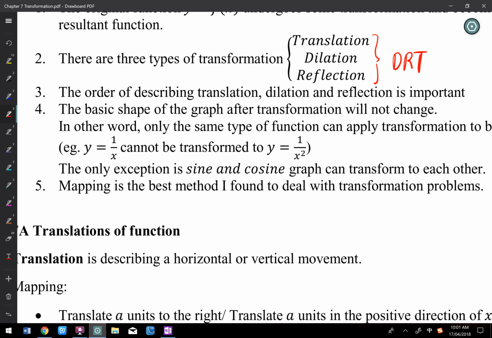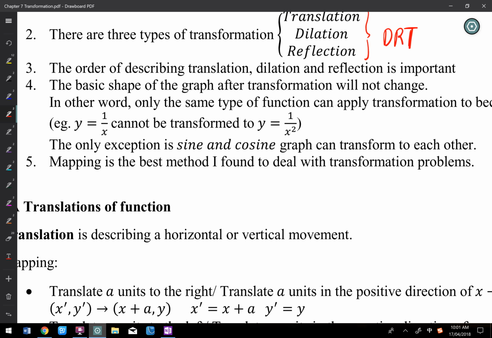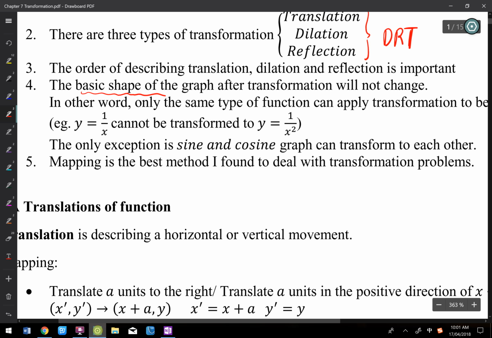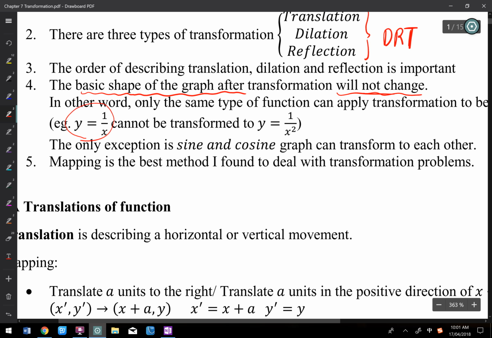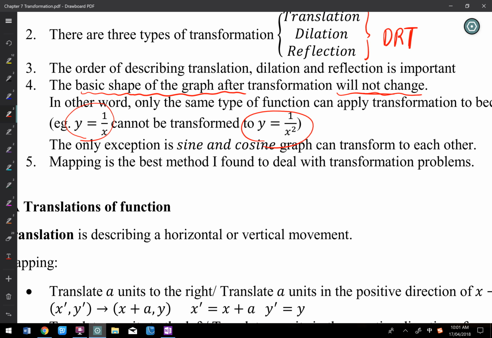The third thing is that the basic shape of the graph after transformation will not change. What that means is that a hyperbola graph is not going to become another type, like a truncus graph, after transformation. A hyperbola will stay as a hyperbola. Exponential will stay as exponential.